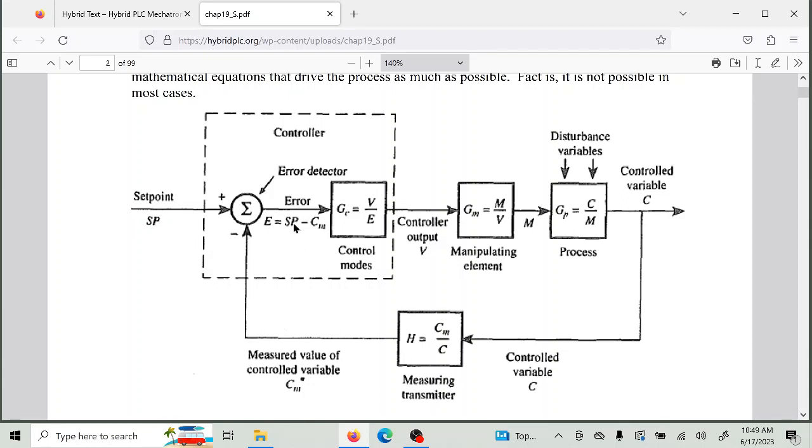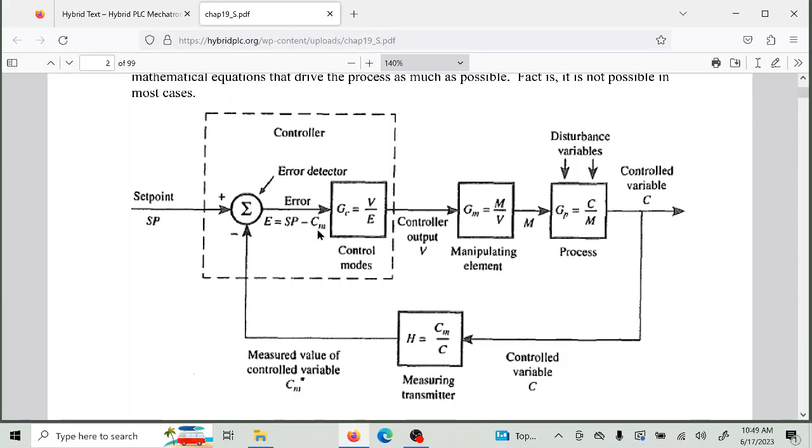Now the difference between those two is called the error. Some places we call it the deviation, but the error is the difference between the set point and the control variable. Sometimes it's called CV or CM. Excuse me, CM, not CV. CV is the output controlled variable. CM is the measured variable.